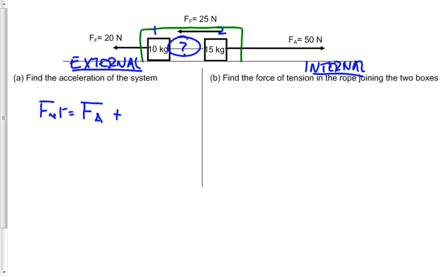So these forces of friction, although they act individually on the 10 and the 15, they also take away from the motion of the system itself. So we've got 3 forces that act on the system, the external: FA, FF1, that's this one, and FF2, that's this one. M times A is equal to those 3 forces.